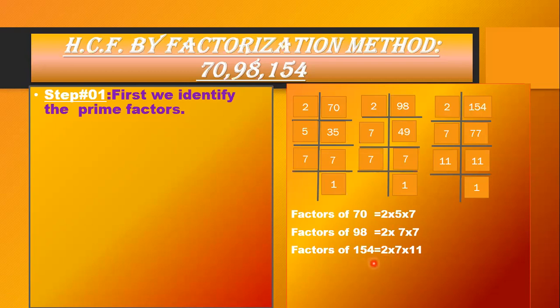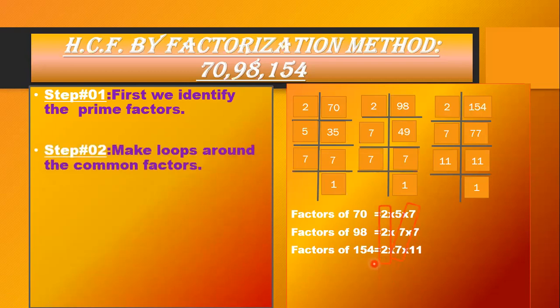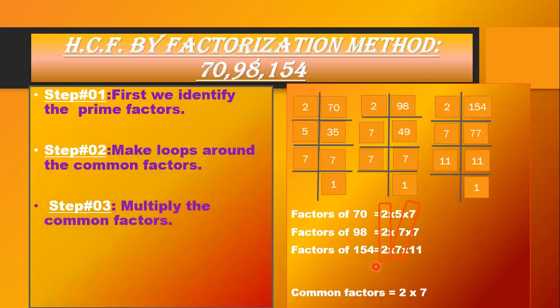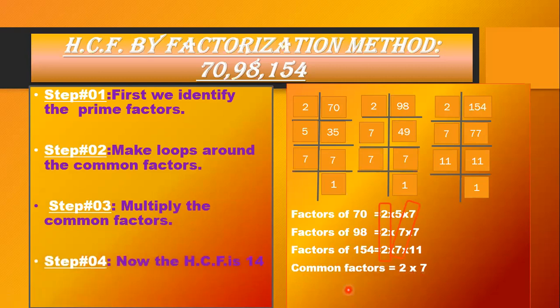So make loops around the common factors. Okay. Then multiply the common factors. 2 multiplied by 7. So you will get here 14. Actually, 14 is your HCF, highest common factor.